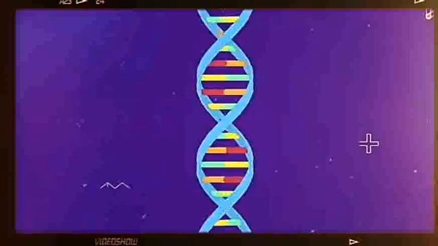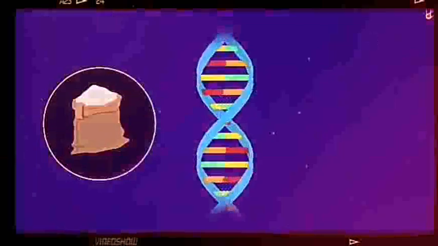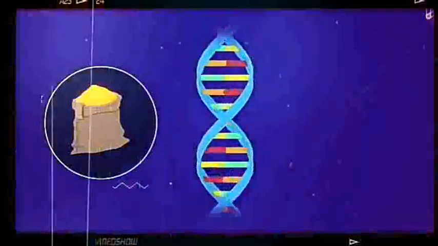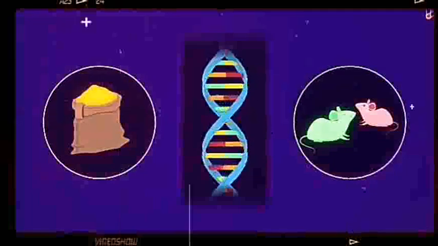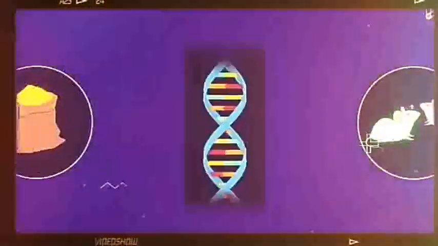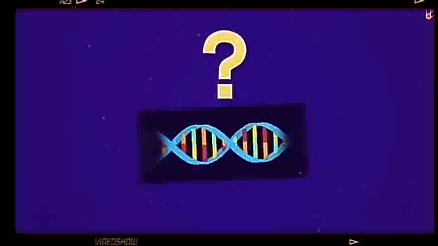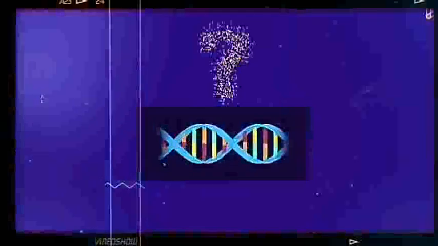This simple looking molecule holds the mystery of life. From modifying this white rice into a golden one, or from growing different species of mice. But how are these simple molecules able to govern all lives on Earth?